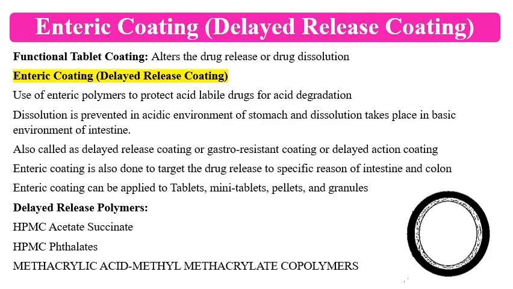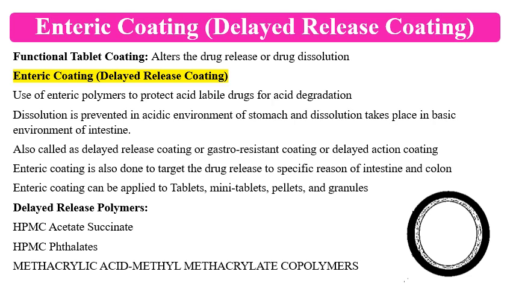Now coming to the functional coating. So it is enteric coating. First example is enteric coating. It is also known as delayed release coating, and also it is called gastro-resistant coating. So it involves the use of enteric polymers to protect acid labile drugs from acid degradation.